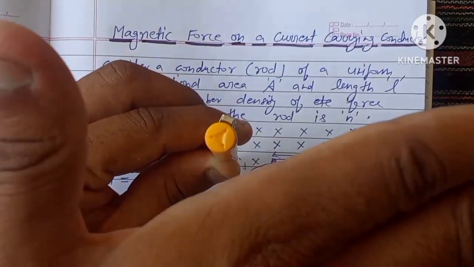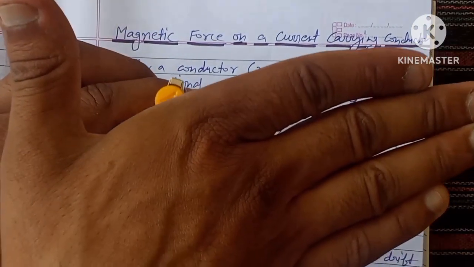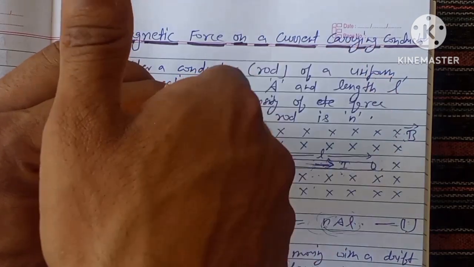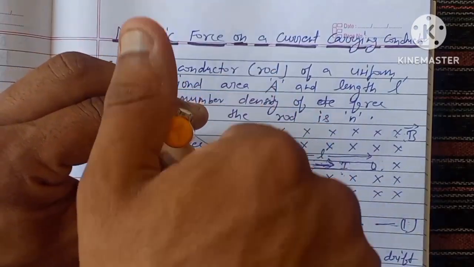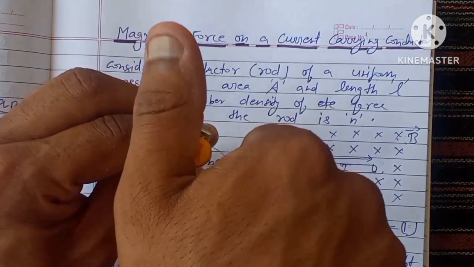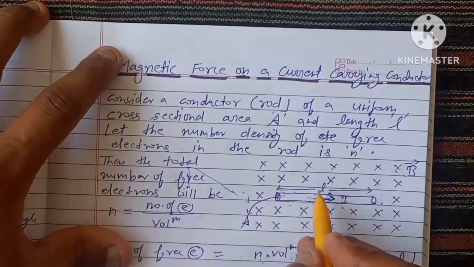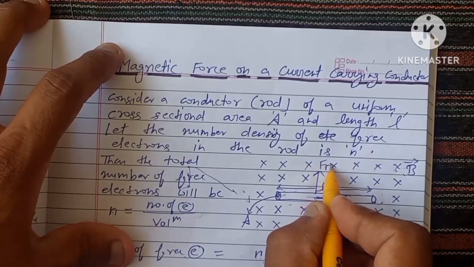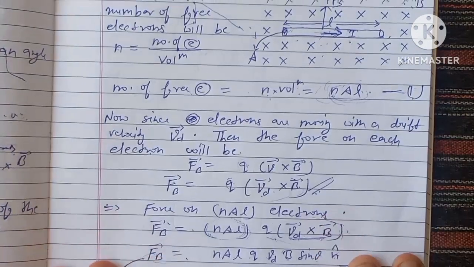So I will put the fingers of my right hand in the direction of length vector like this and curl them towards the magnetic field, and magnetic field is in downward direction. So I will curl my fingers in downward direction like this. So my thumb is pointing in this direction. So this will be the direction of my magnetic force. So in this rod, the magnetic force will work like this, FB vector. This is how we can calculate the direction of the magnetic force.